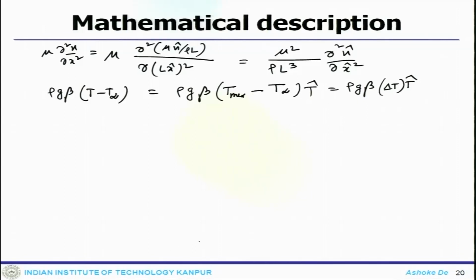Okay. And one more term in the energy equation, if you look. You will have the term del by del x of rho u T. So, this will become mu delta T divided by L square del T hat by del x hat.